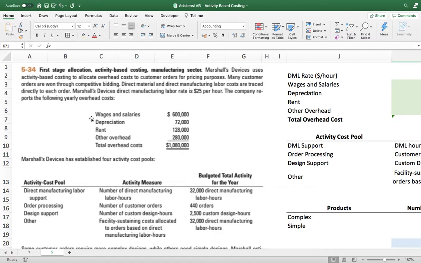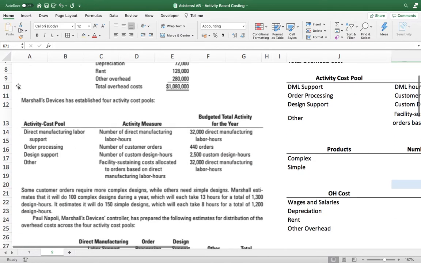So there are several kinds of overhead costs, which are wages, depreciation, rent, other overhead, and it also provides the total overhead cost. And then Marshall's Devices has established 4 activity cost pools, which are direct manufacturing labor support, order processing, design support, and other.